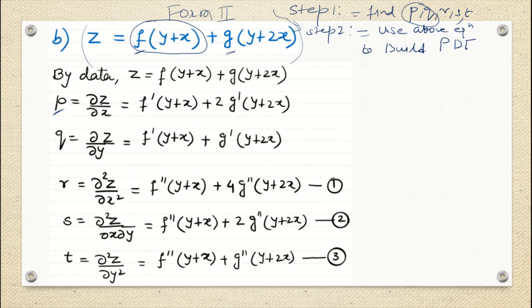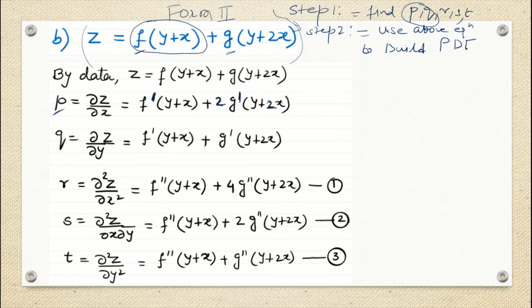With respect to x, the partial derivative will be f dash of y plus x, because x is also present, and then 1. Then plus, what about del by del x of g of y plus 2x? First it will be g dash of y plus 2x, and because of this 2 I have written 2 here, fine.